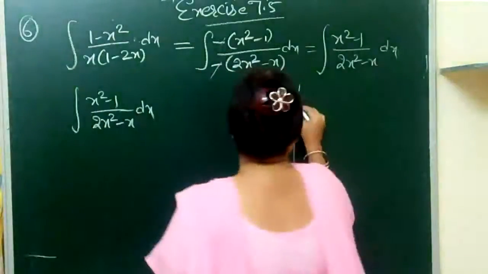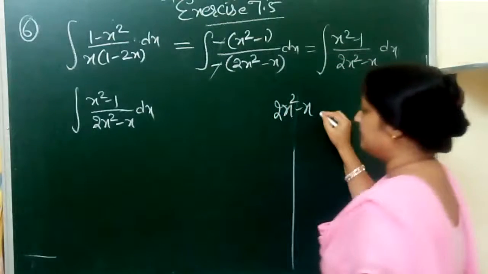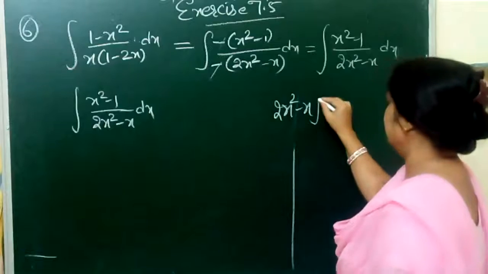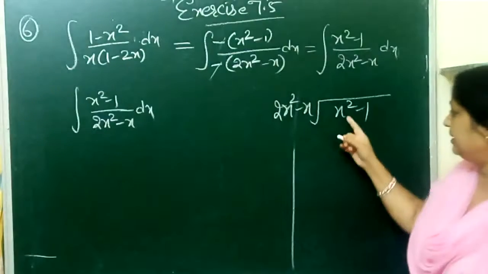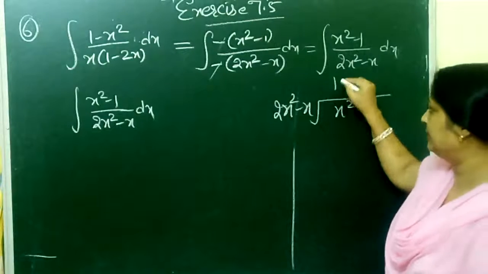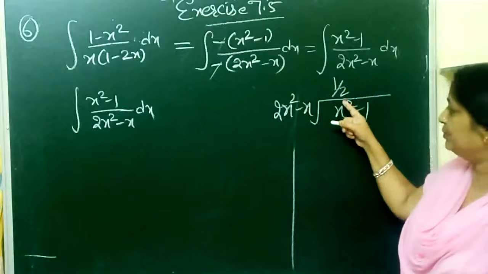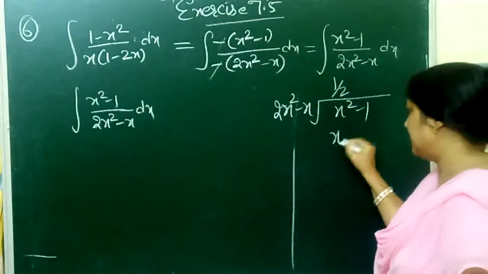First of all, divide x square minus 1 by 2x square minus x. Now here we need x square, but here we have 2x square. So we will multiply this term by 1 by 2. So 2x square into 1 by 2 will come x square.